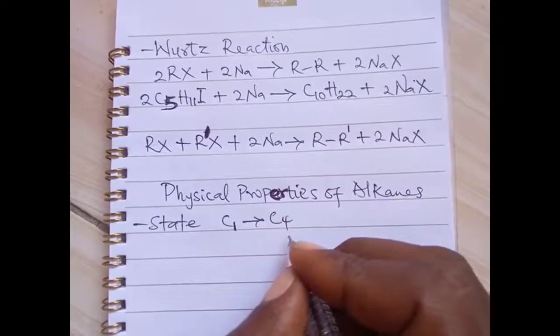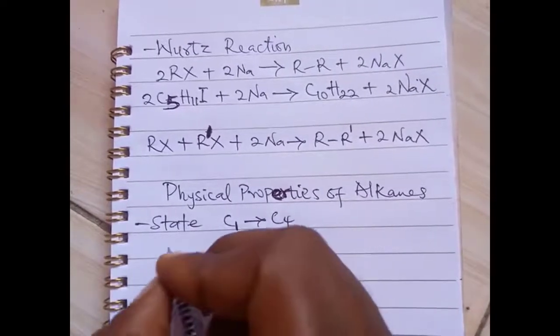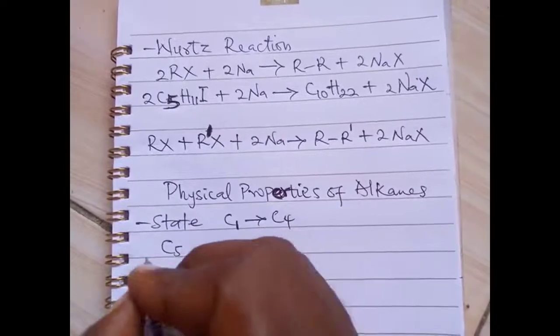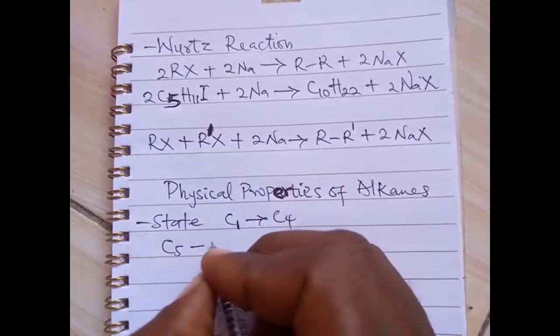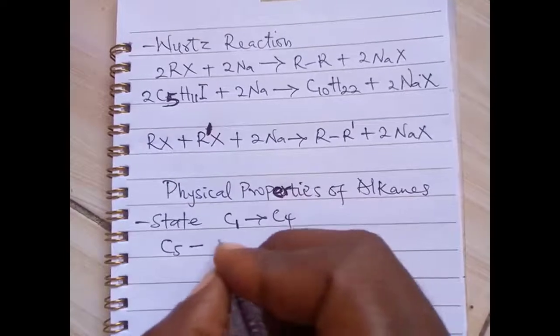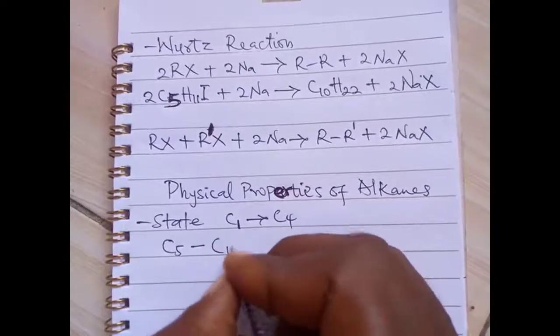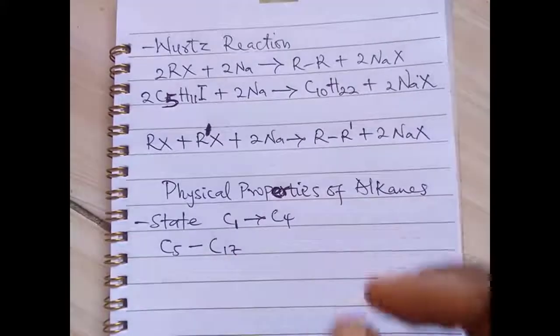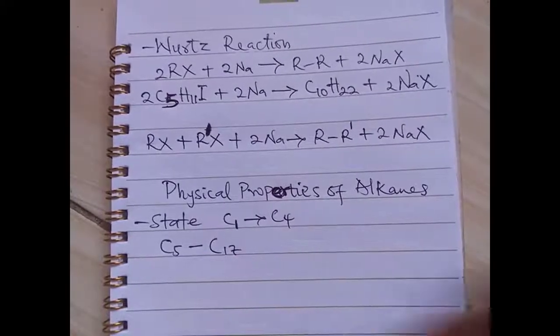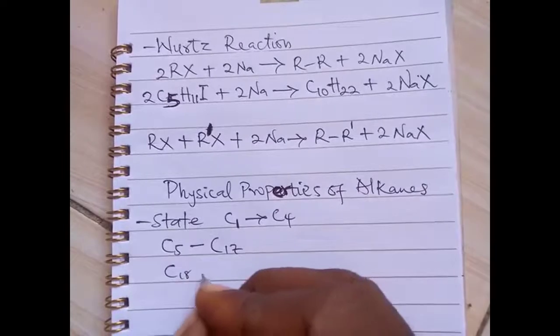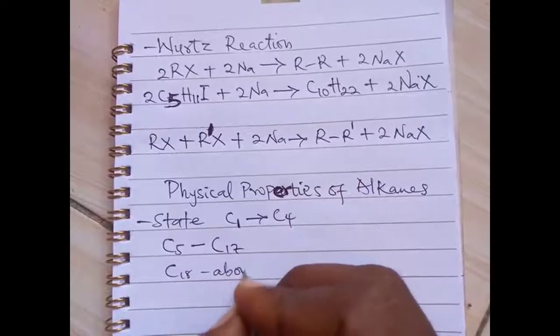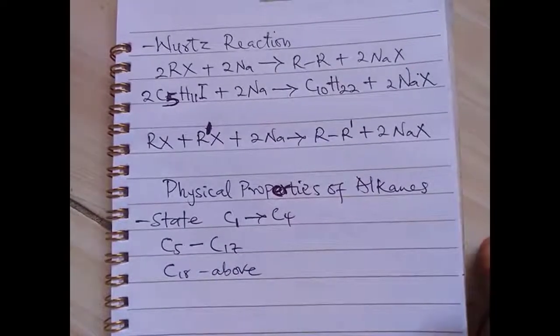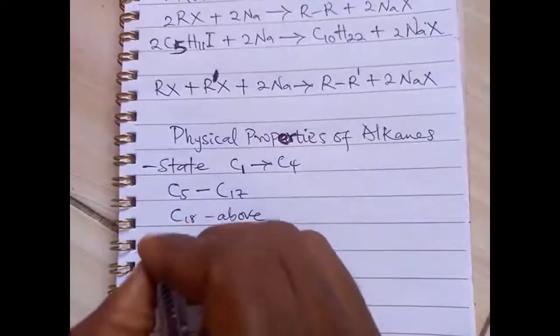The straight chains from pentane, C5, to C17, thereabouts, are liquids. While those of higher molecular weights are all solids from C18 and above.